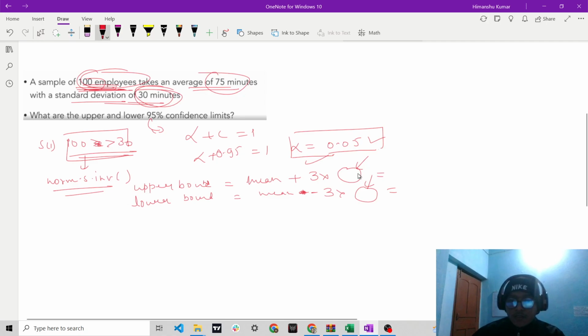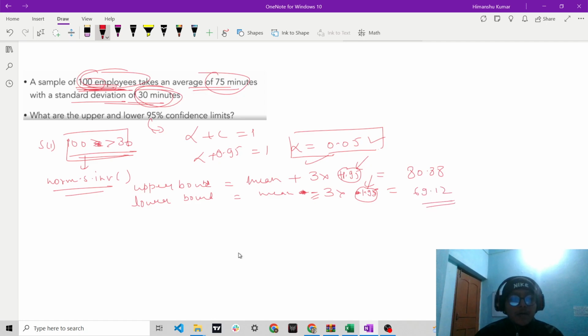One time plus 1.95 and the next time minus 1.95. We have already taken the minus here. With 1.95 you will get the values 80.88 and 69.12.